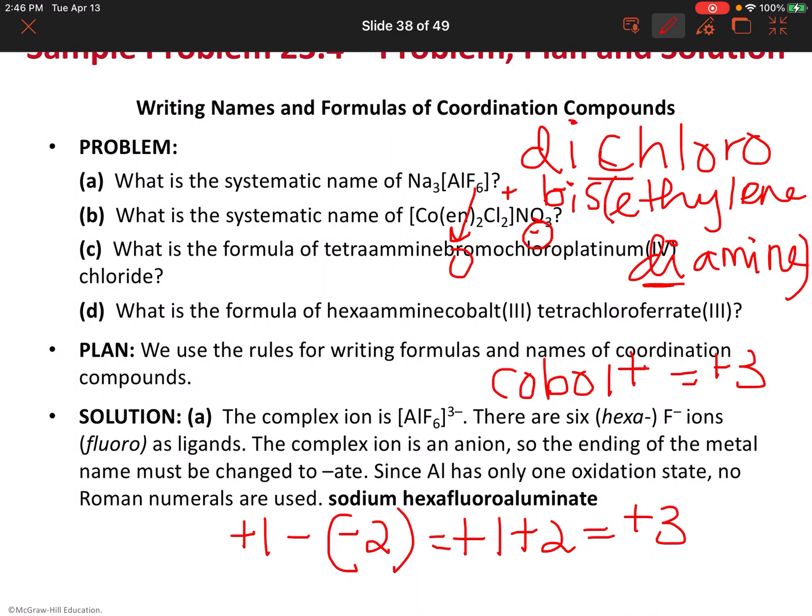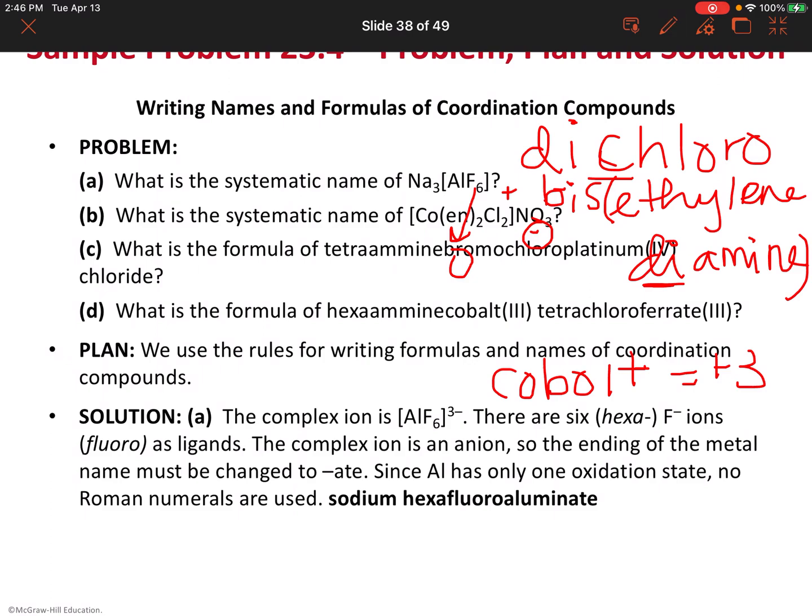So then your answer is going to be, first you have to write the name of the ligands in alphabetical order. So that would be dichloro. Bis means 2, bis ethylene diamine.